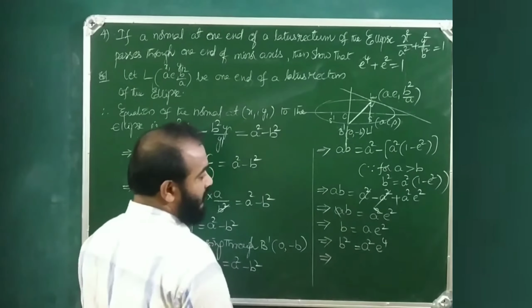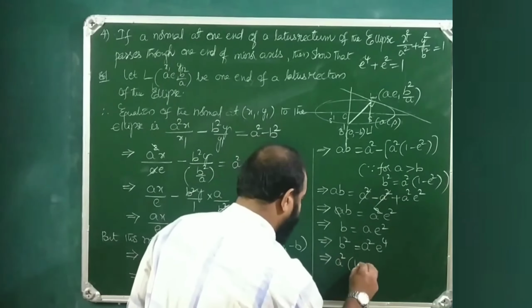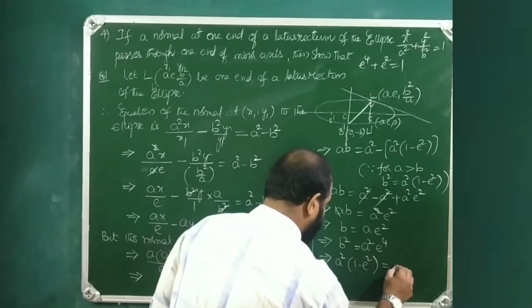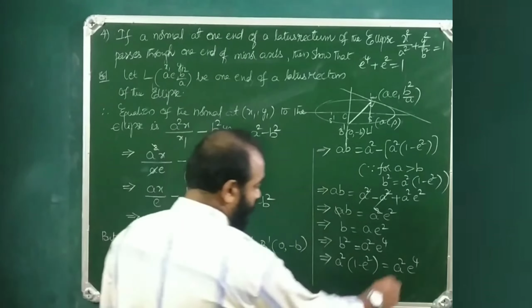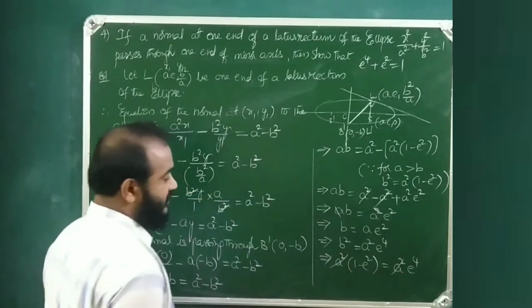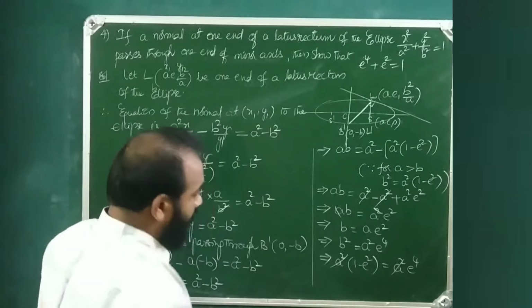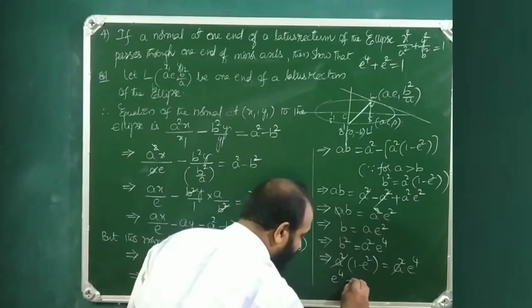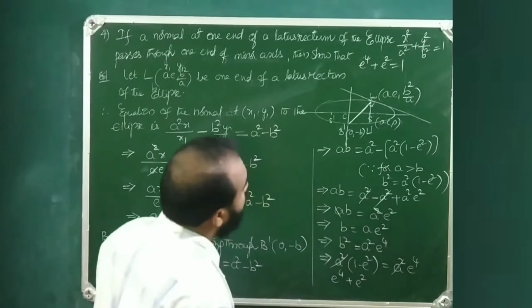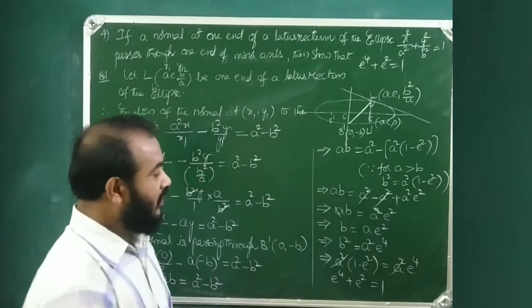Again, b square equals a square into 1 minus e square equals a square into e power 4. So a square on both the sides gets cancelled. Therefore, we have e power 4 minus e square. If you transpose to the other side, e square equals 1 is the condition that we need to prove.